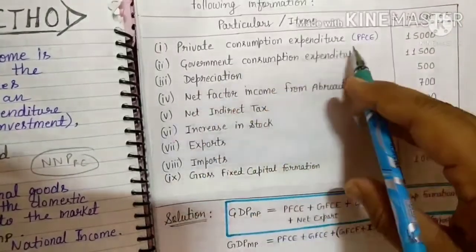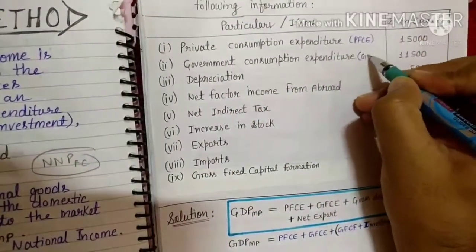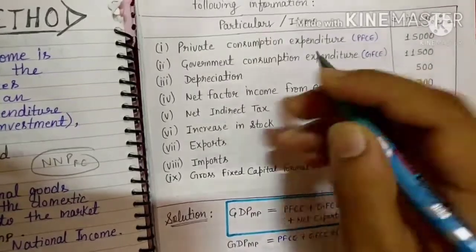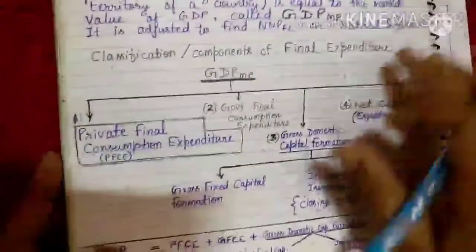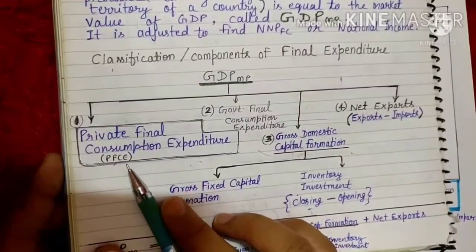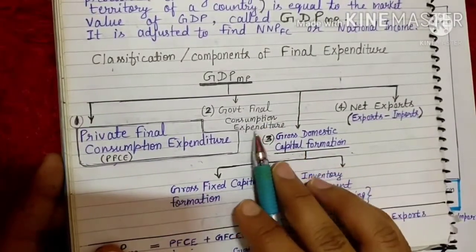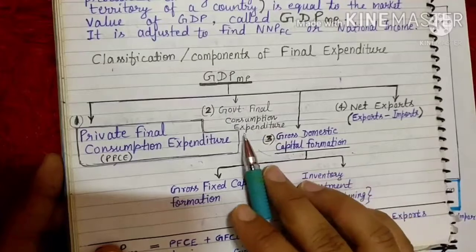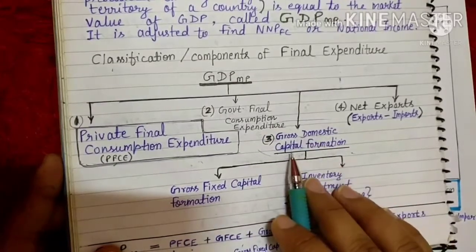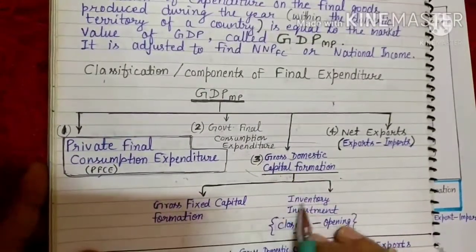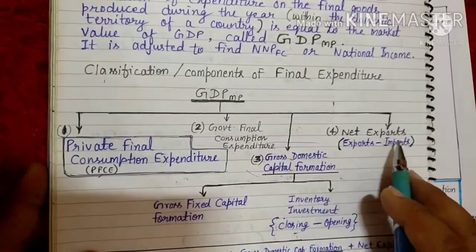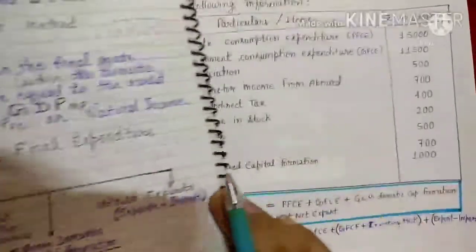Then government consumption expenditure is GFCE, that is our second item. Then gross domestic capital formation, which is further divided into two parts, and at last net export, which means export minus import. So let's solve this one.